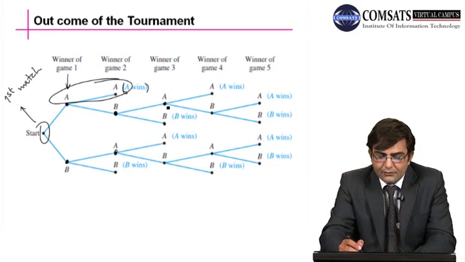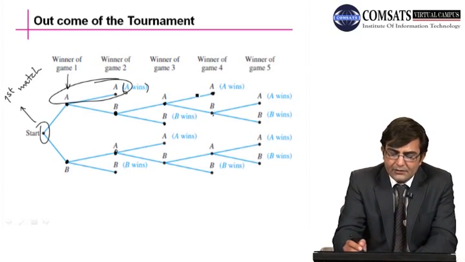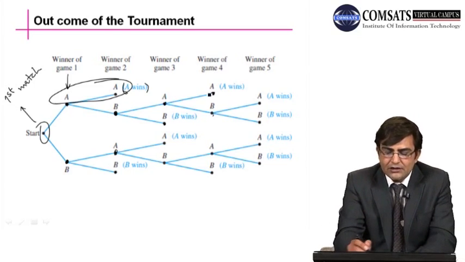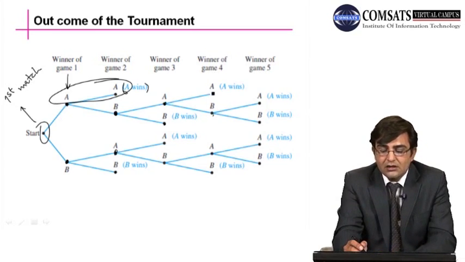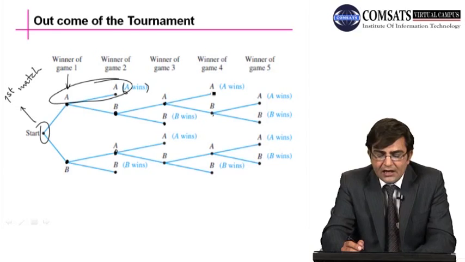Either in the 4th game A is the winner or B is the winner. If A is the winner here, then team A has won 2 games in a row and therefore A is the winner of the tournament, because team A has won the 2 consecutive games. If this is not the case, then B is the winner.